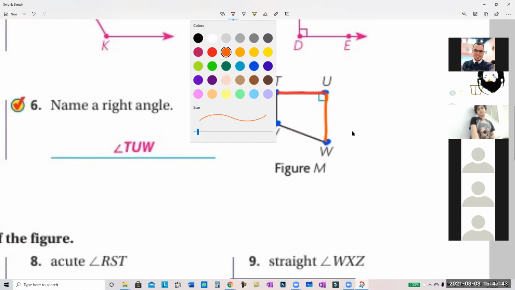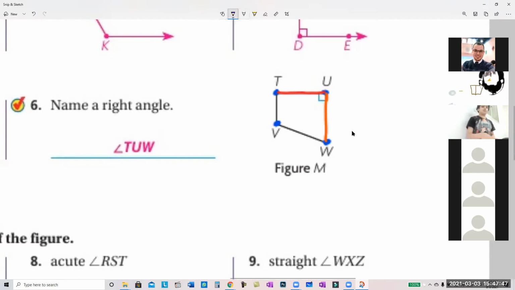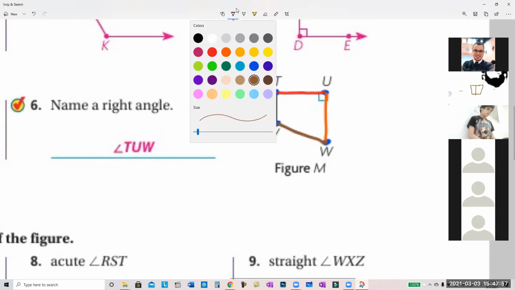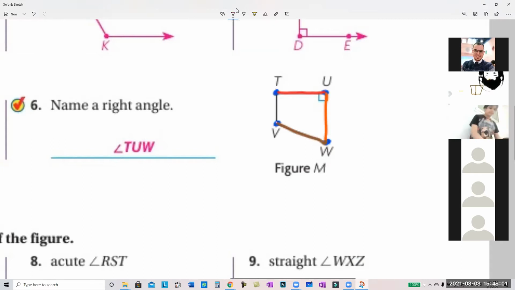And we have WV. And we have another one, VT. So we have 4 line segments here.